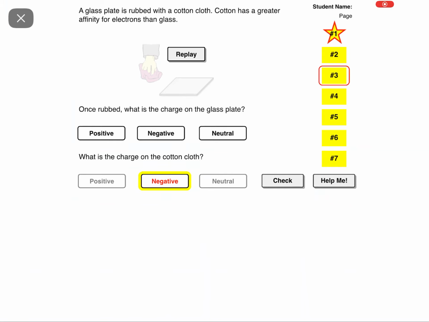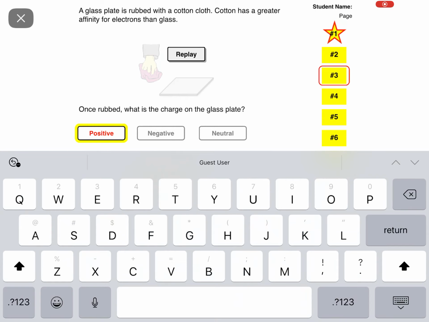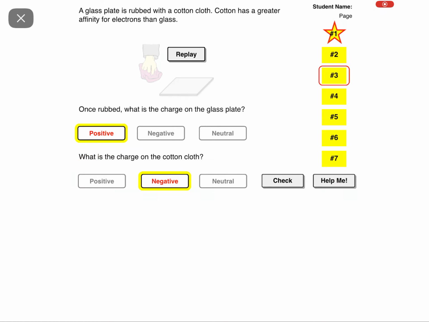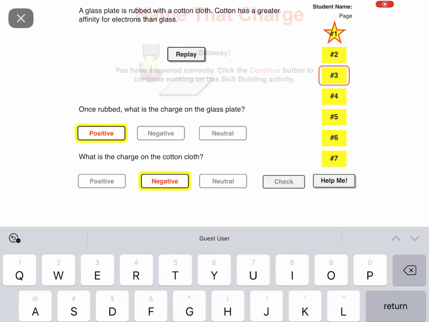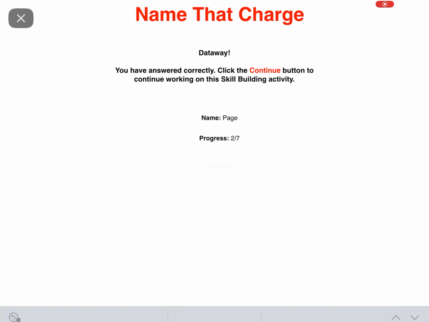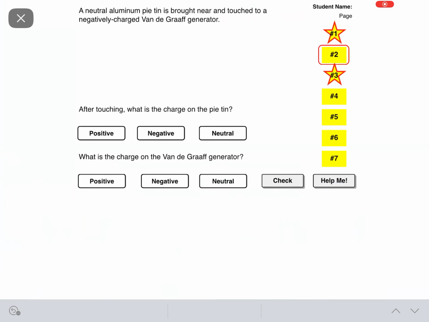It's going to end up with more, which means we left the glass with fewer electrons. And if I'm missing electrons, that means I have too many positives and not enough negatives to balance it out. So the charge on the glass plate is going to be positive. Let's go ahead and check that out. And we got that one right. Awesome. Let's try one more.